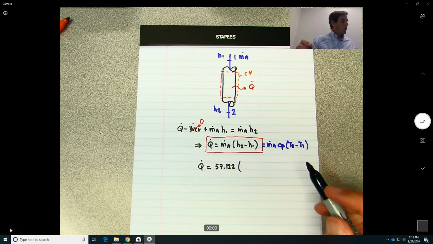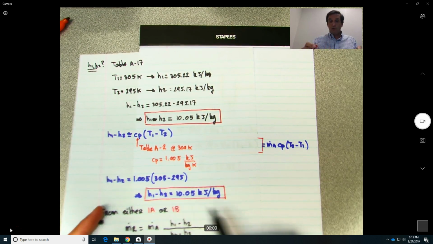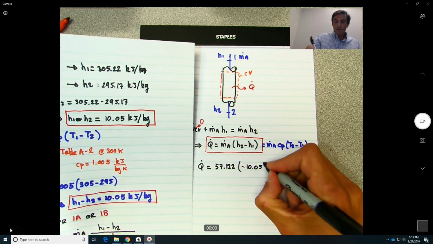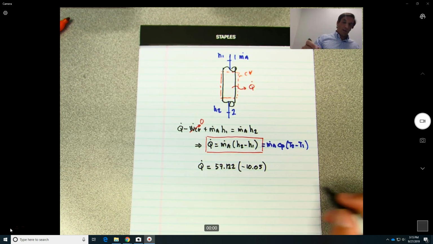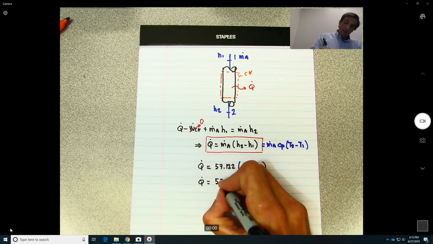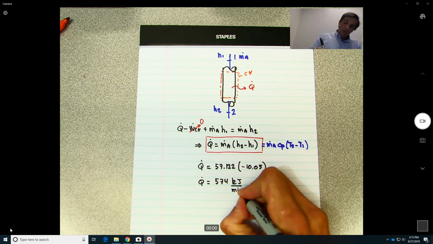H1 minus H2 to be equal to 10.05. So H2 minus H1 will be the same thing but with a negative sign, 10.05. And this would give us a final result of Q equal to 574 kilojoules per minute.